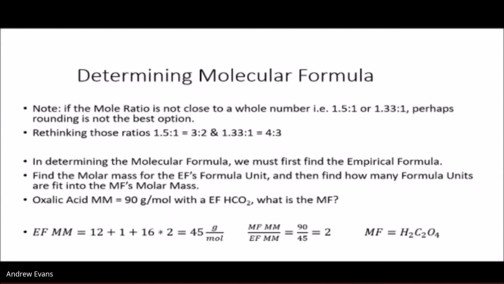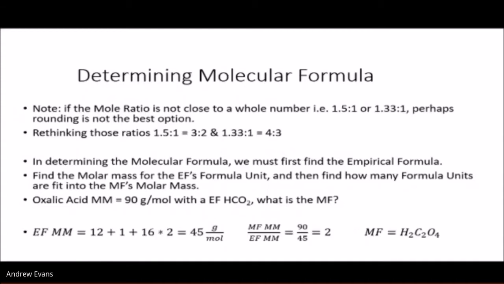Unless our math is really, really bad, you should get it somewhat close to a whole number. So 1.5 to 1 is close to a 3:2 ratio. 1 1/3, which is 1.33 repeating, is close to 1/3. So you can go 1.33 is a 4:3 ratio. Sometimes you will have 4:3 ratios, and so we don't want to round unnecessarily.